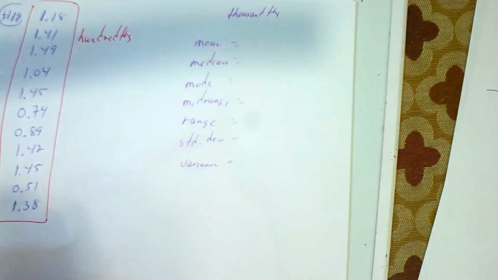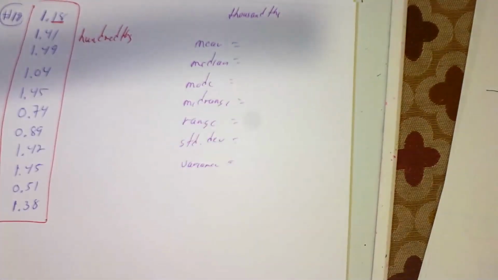This one has 2. I can underline it. They have 2. My answer has to have 3. All right, here we go. I'm going to type them in.